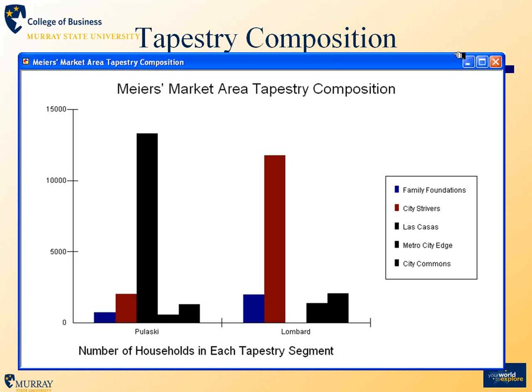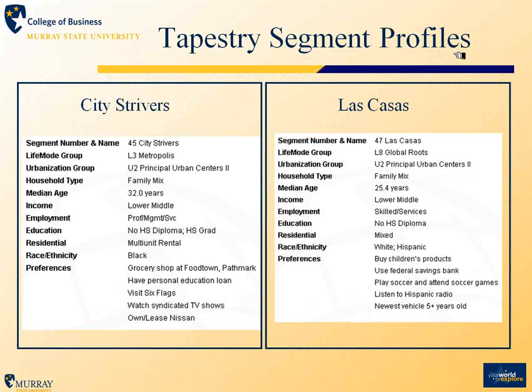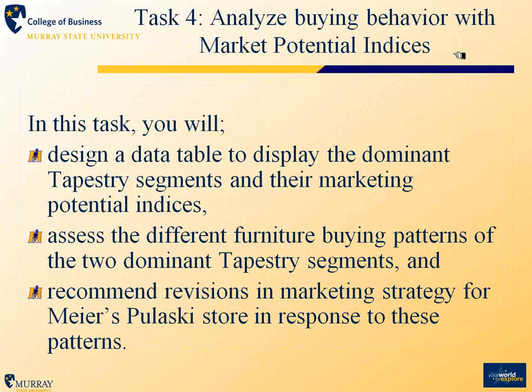So this indicates the type of chart that you'll be producing, in which you assess the different numbers of households in each of the major tapestry segmentation categories in the two market areas. You will then identify the two major segments, the one that is the dominant segment in each store, and look at some of the characteristics of those segments to see how they might differ from each other.